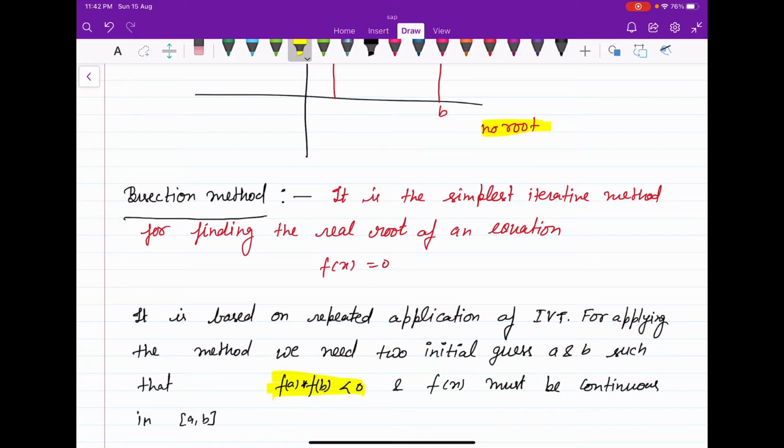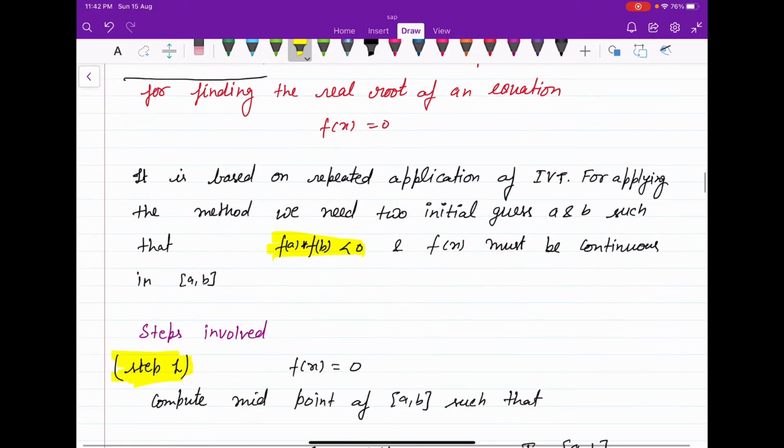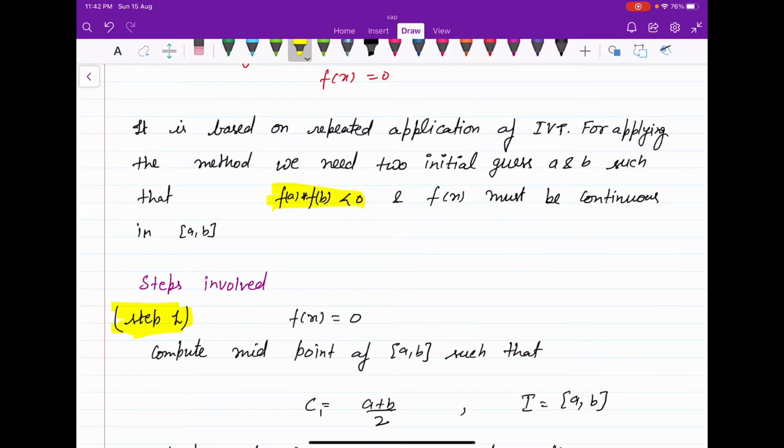Let us understand how the method works. Suppose we have to find the root of the equation f(x) = 0, and we know by the intermediate value theorem that the root of the function is lying inside the interval [a, b].